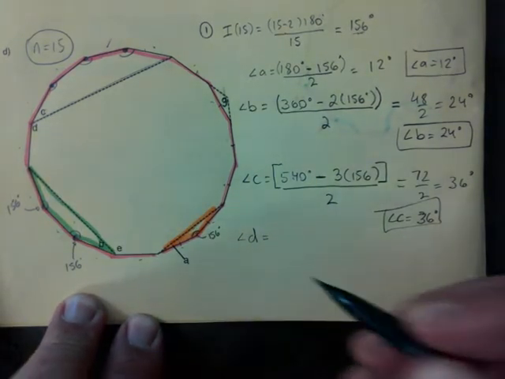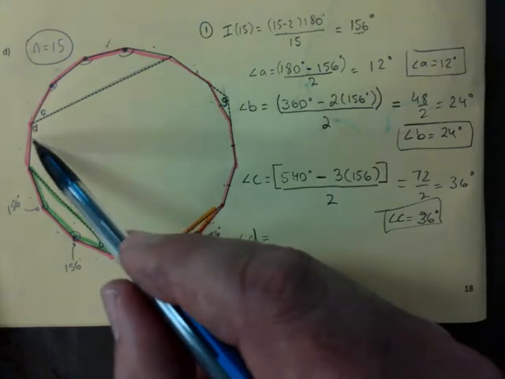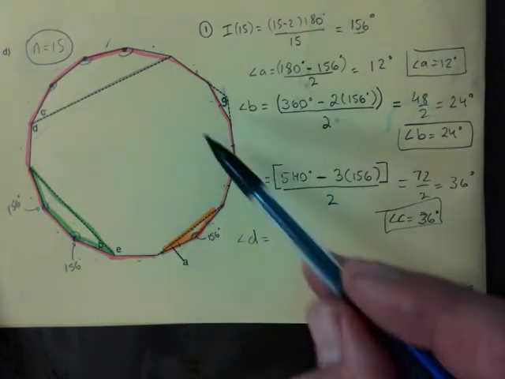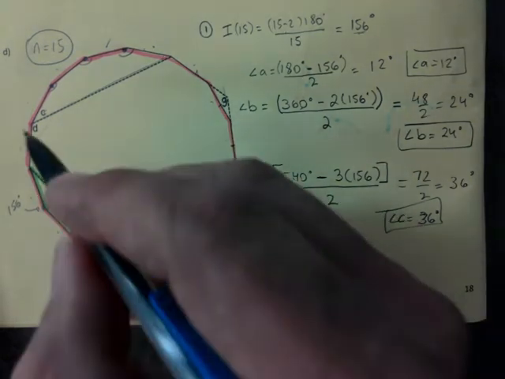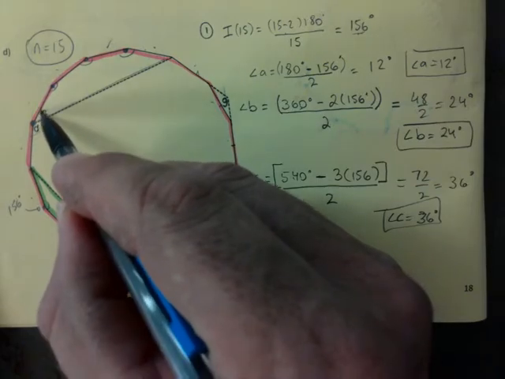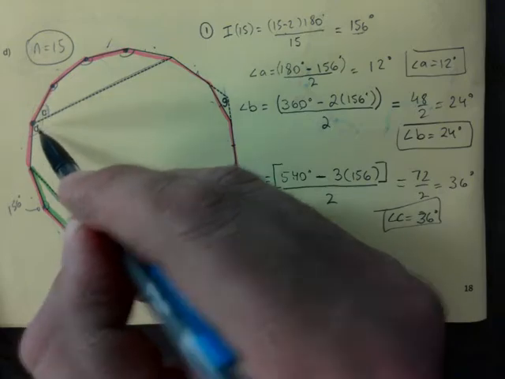And so what should we do next? Let's do D here. Let's do that in order. How would you find angle D? This shape, whatever shape is here, it's too crazy to try to address that, and it's got all different sides on it. But we know that at this corner, the whole thing is 156. We already know this part, so we just have to subtract.